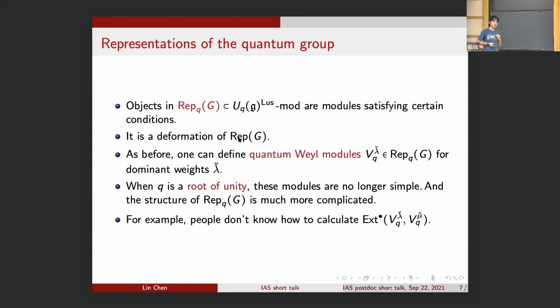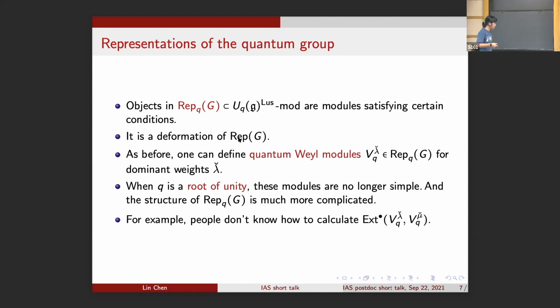But in fact, it is this special case that attracts most interest. For instance, it's analogous to what's happening in the theory of modular representations in positive characteristics. And these are things that people care about. So really, the quantum phenomenon is mostly interesting in the root of unity case.